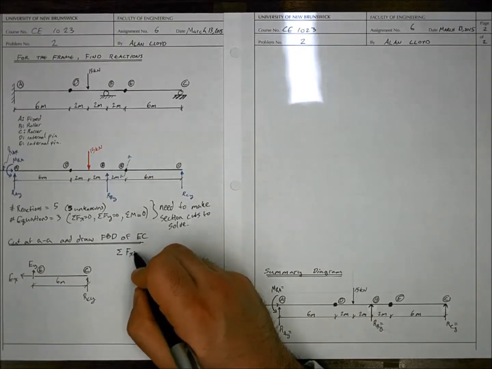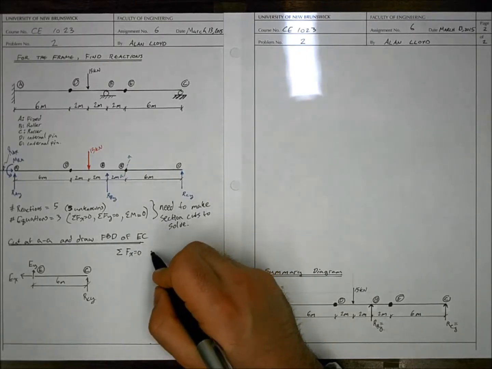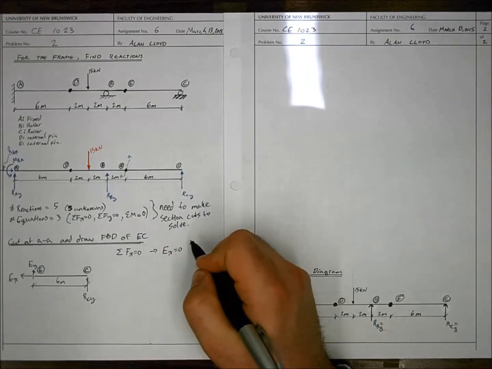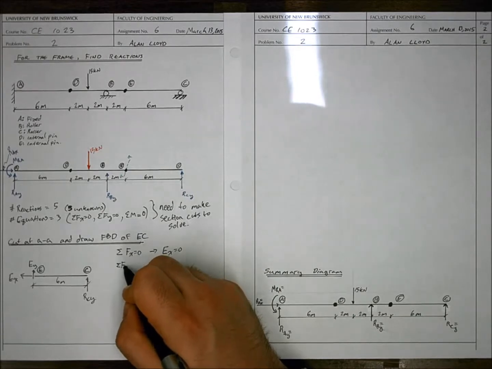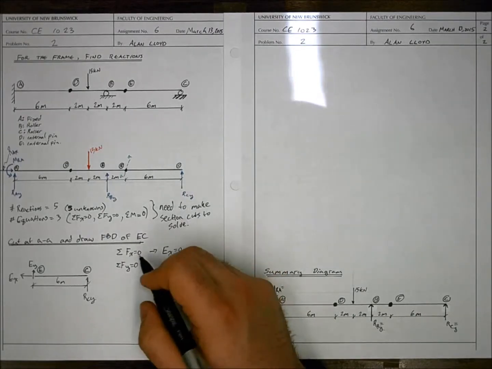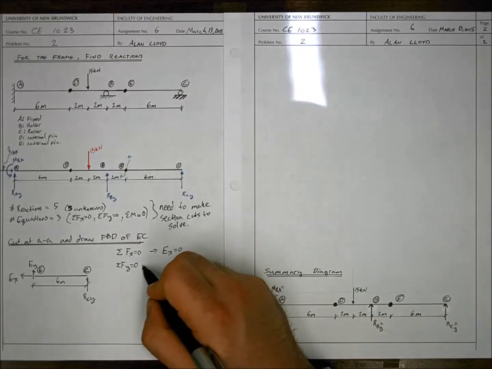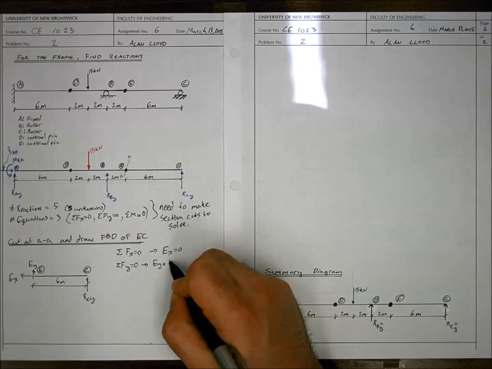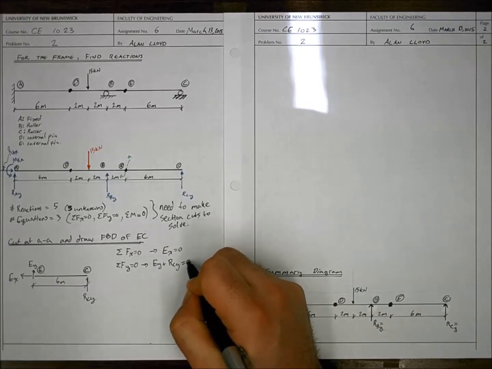We have sum of forces in X is equal to 0. This gives us EX is equal to 0. And we have sum of forces in Y is equal to 0. We should probably do sum of moments first, but we'll do this. We have EY plus RCY is equal to 0.